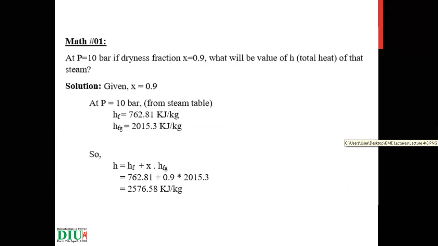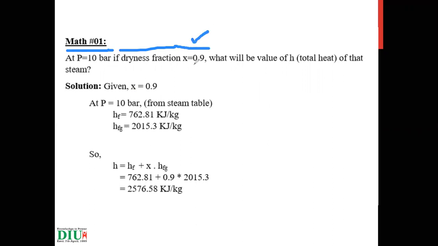You see that here, my student, the example: at P equals 10 bar, that means pressure equals 10 bar. If the dryness fraction is X equals 0.9, that means it is wet steam.